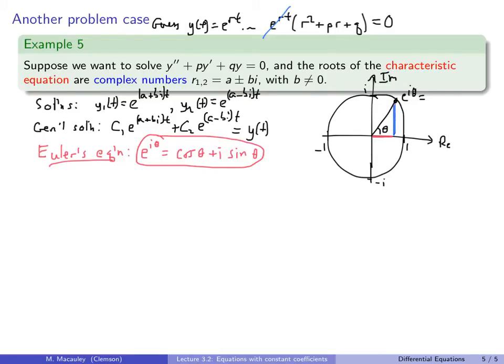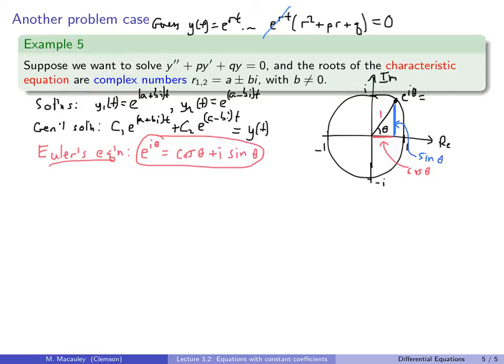And we know from basic high school trig that this length is cosine of theta. The hypotenuse here is 1. So cosine is adjacent over hypotenuse. And this length here is sine of theta.